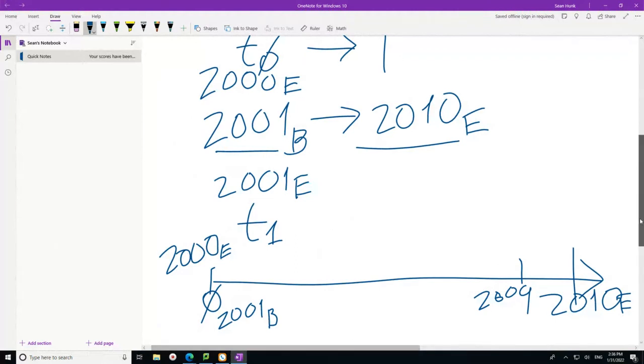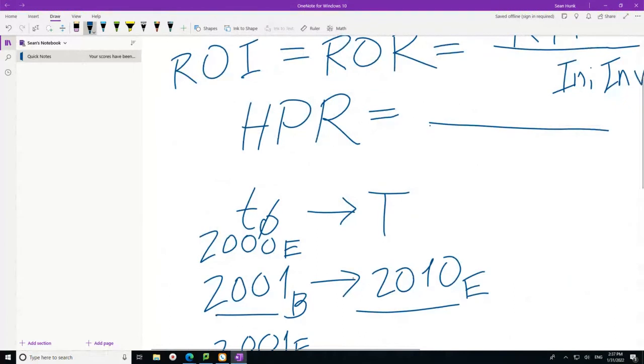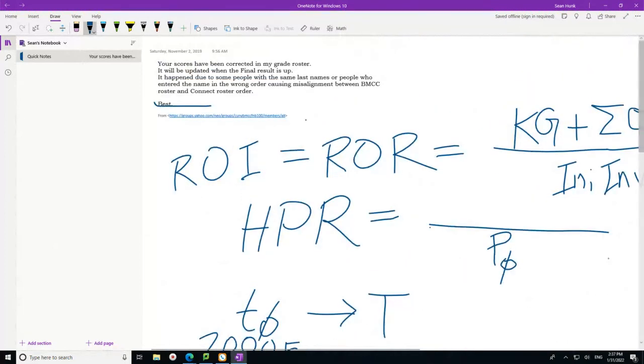Okay. So during this holding period, remember, this holding period is 10 years. And during this holding period, when you bought the stock at the beginning of 2001, let's call that price at time zero, right? And then you held it for 10 years and you sold it at price 10.